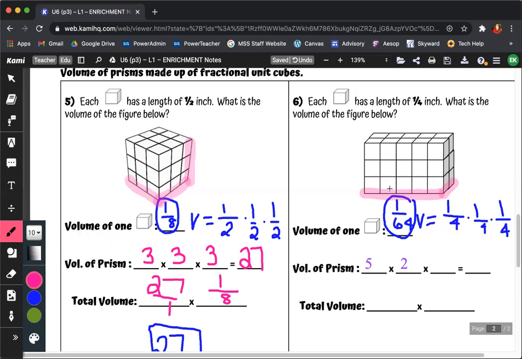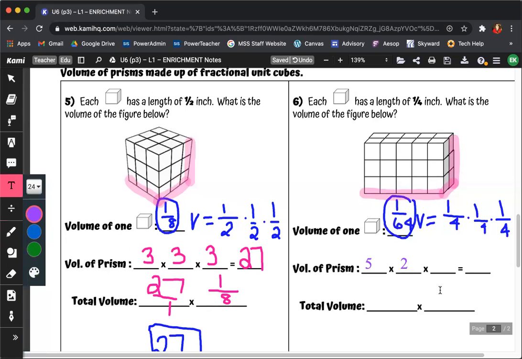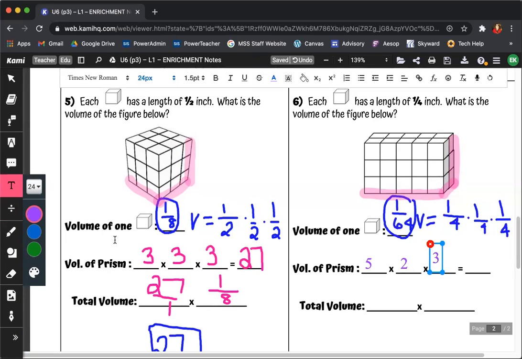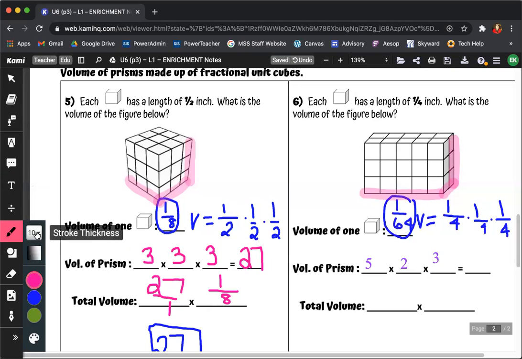And we have our height of 1, 2, 3 squares. So when we multiply those together, 5 times 2 is 10, times 3 is 30. So we're going to take the total volume of 30 and multiply it by 1 over 64, those individual cubes.